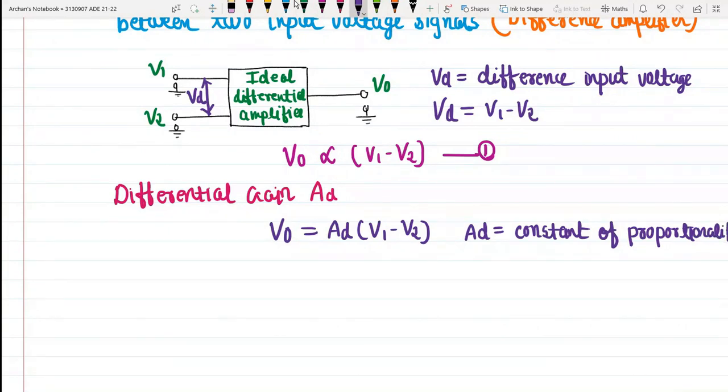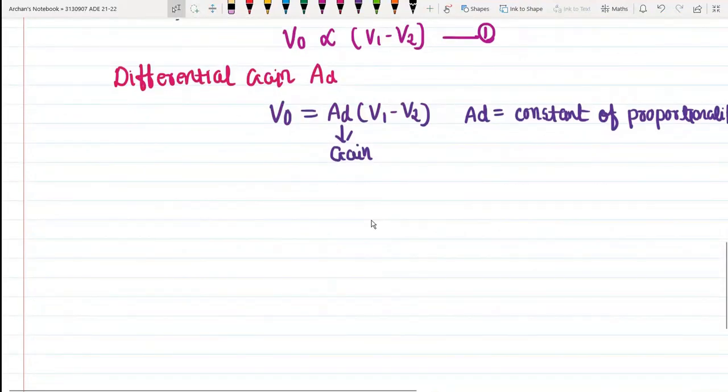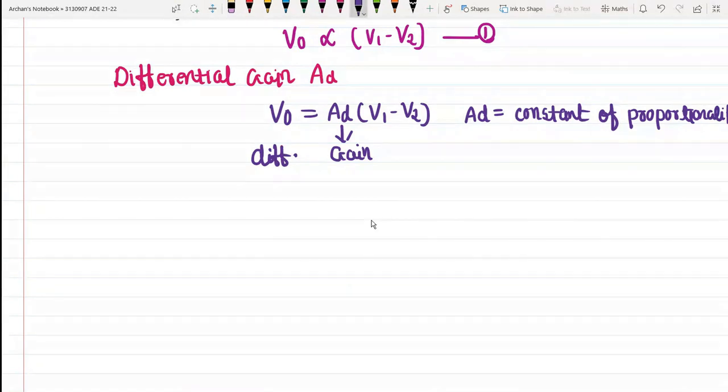So this AD is nothing but the constant of proportionality. It is the gain with which the differential amplifier amplifies the difference between two input signals, and this is the reason why it is called the differential gain of the differential amplifier. So AD is the differential gain of the amplifier.